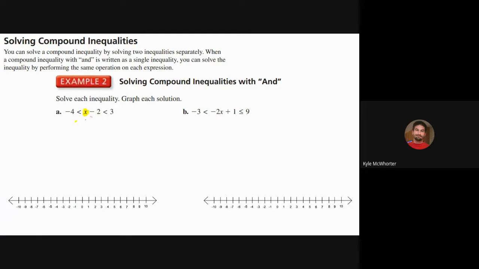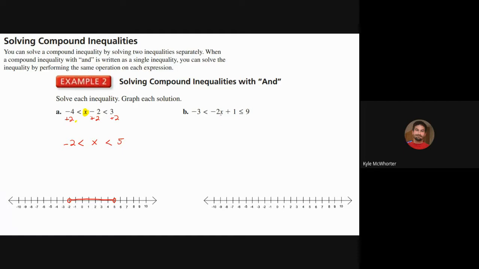So we have a -2, so we're going to do +2 in the middle, +2 on the left, +2 on the right. And that leaves us with x in the middle. 3 + 2 is 5. -4 + 2 is -2. So -2 less than x less than 5 would be open circle at -2, open circle at 5, and draw in between them because that's where the values are bigger than -2 and less than 5.